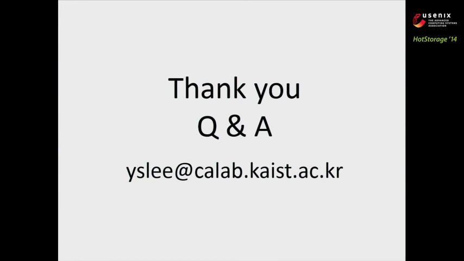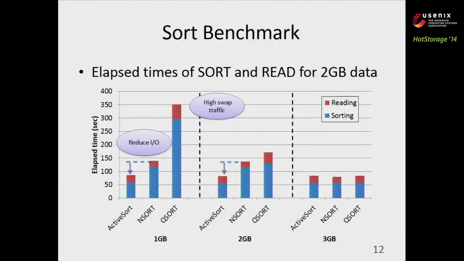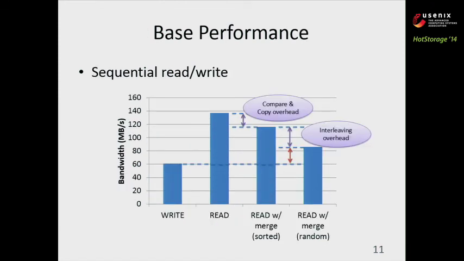And did you measure the bandwidth? You have performance numbers on how much faster you made sorting, but just for the bandwidth of reading the data out and merging it, how does that compare with reading out the data if it's already sorted? I'm thinking about situations where you might want to read the data several times, and so where is the trade-off there? The second is just a normal read.